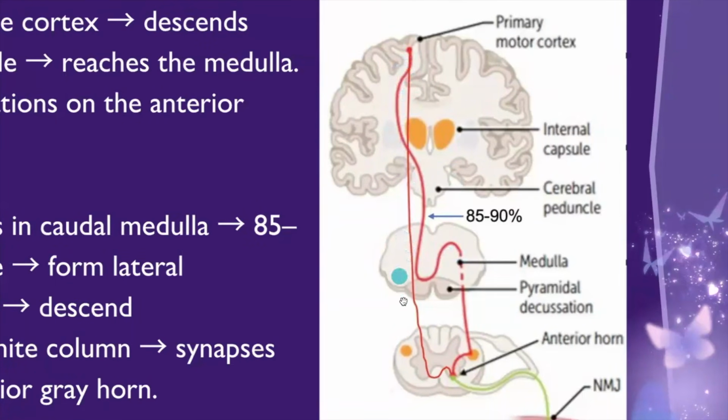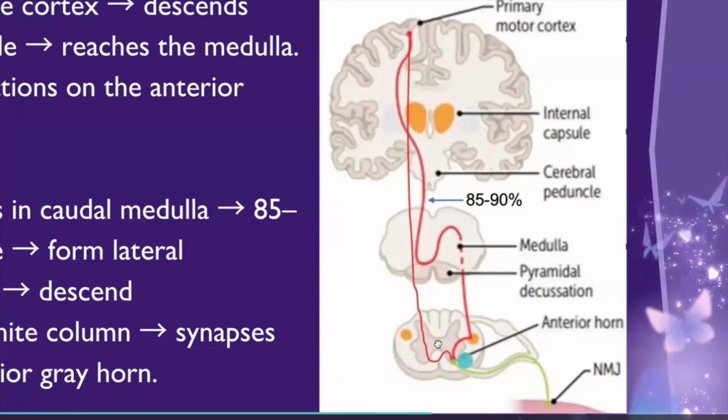They go straight down, but instead of going through the lateral column, they go through the anterior column, and they descend as the anterior corticospinal tract until they reach the anterior gray horn of the spinal cord. And then once they get there, they don't synapse with the ipsilateral one. They go and cross the midline to synapse with the cell bodies of the lower motor neurons located in the contralateral gray horn.